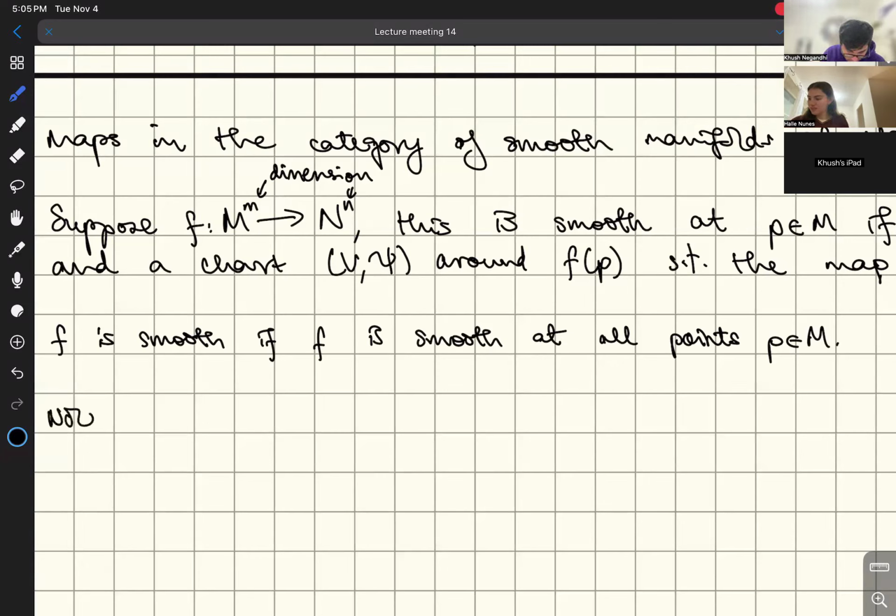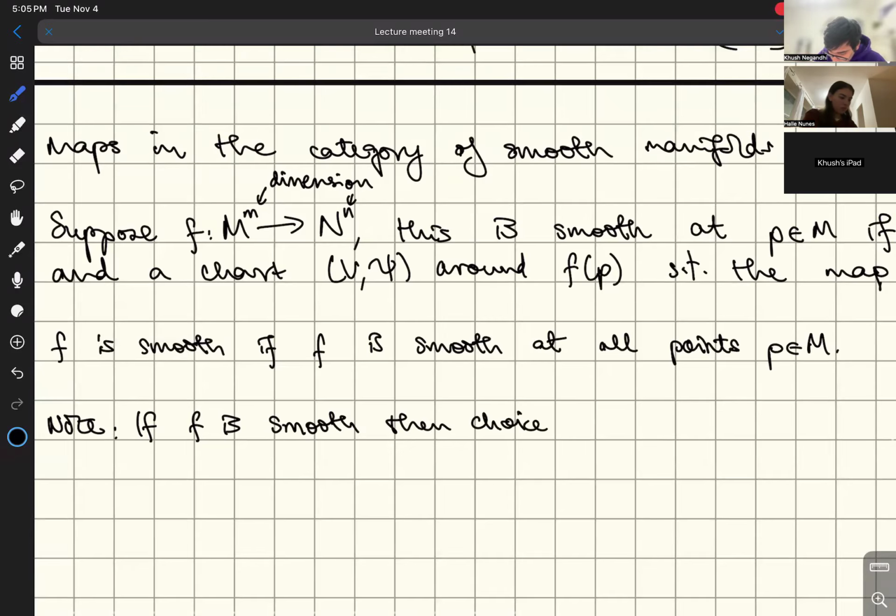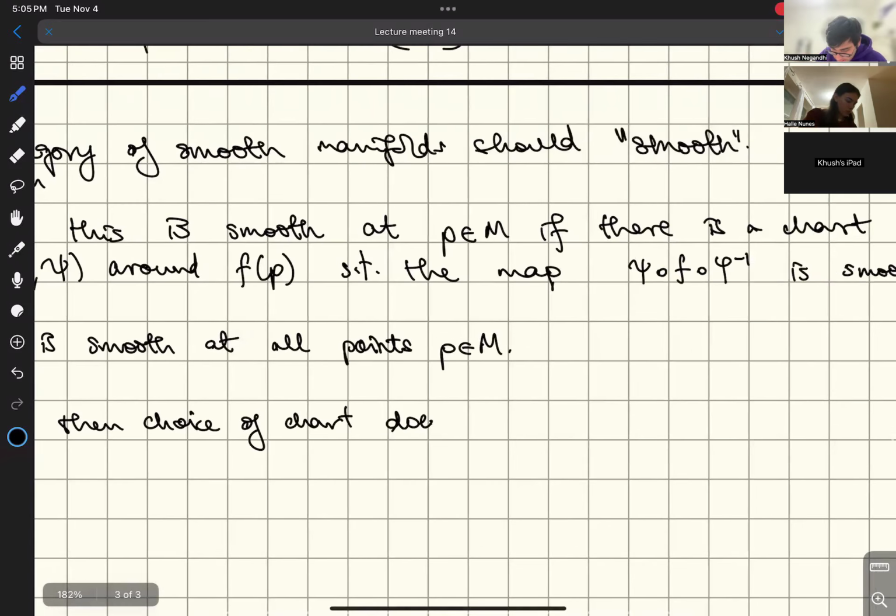Now one thing to note is that if F is smooth, the choice of chart does not matter.